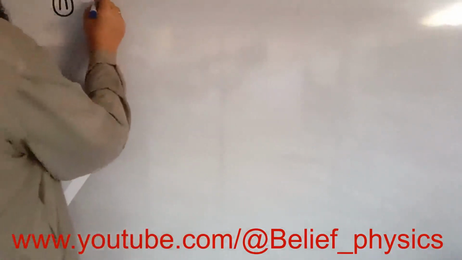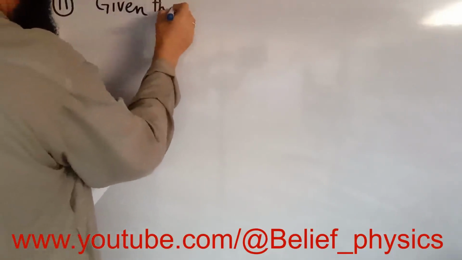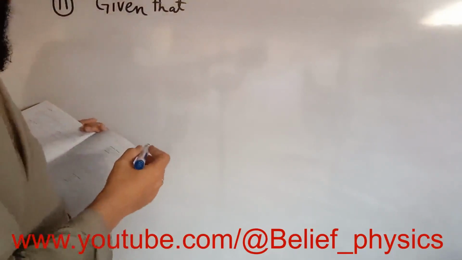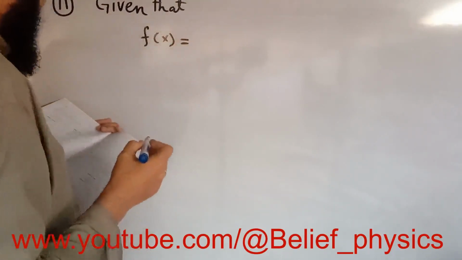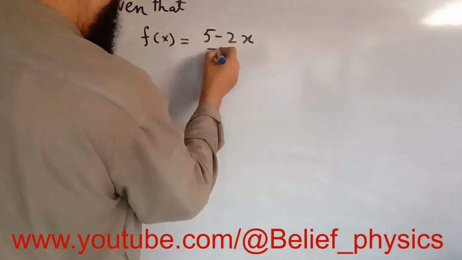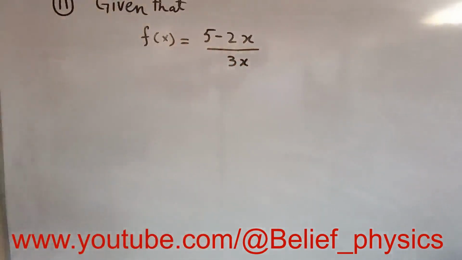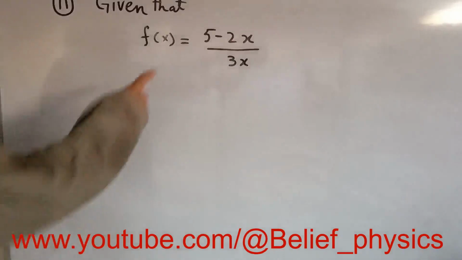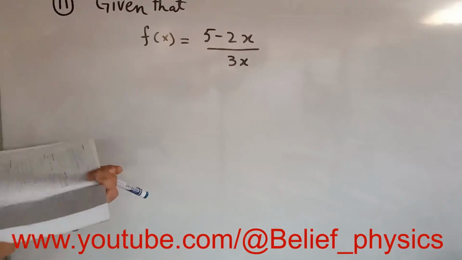About the functions. Question is, given that f of x is equal to 5 minus 2x over 3x. ये फंक्शन गिवन है कि f is a function of x which maps x onto 5 minus 2x whole divided by 3x.